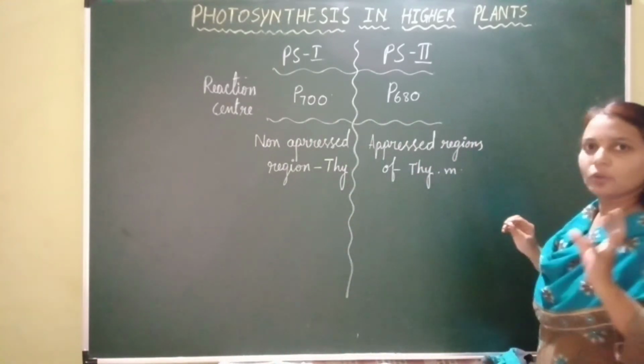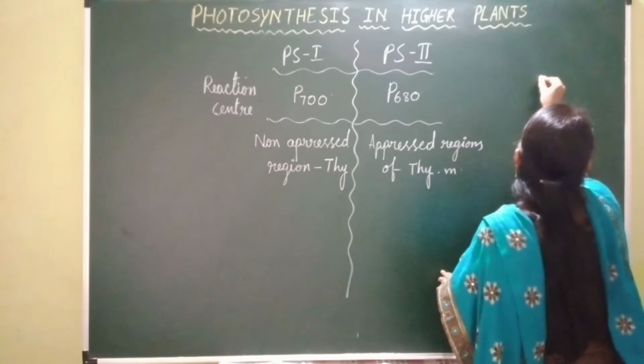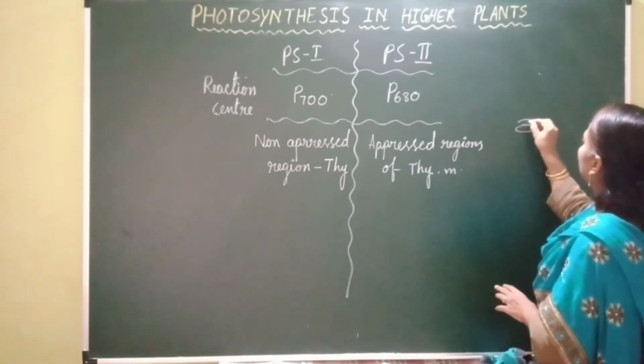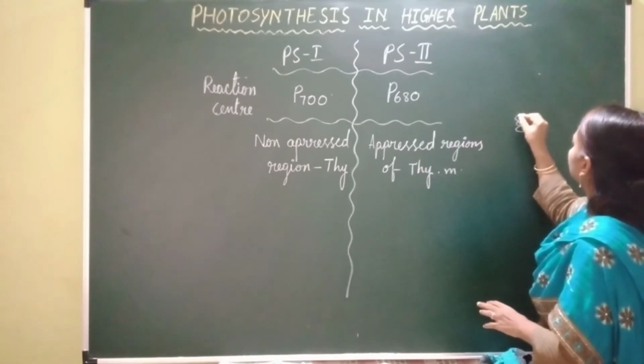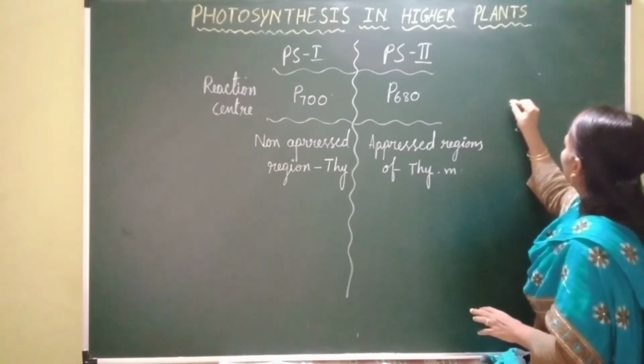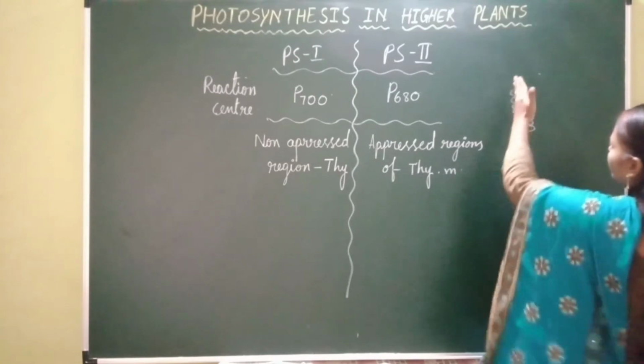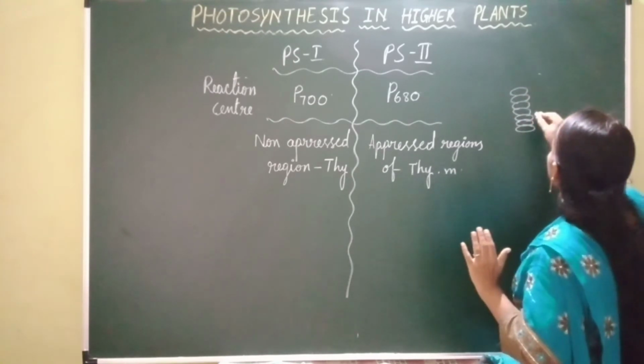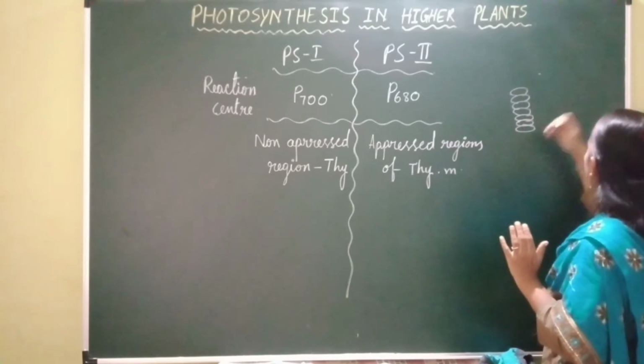We know that in a chloroplast, thylakoid membranes are stacked one above the other like piles of coins, giving a structure called granum. So this is called one granum.